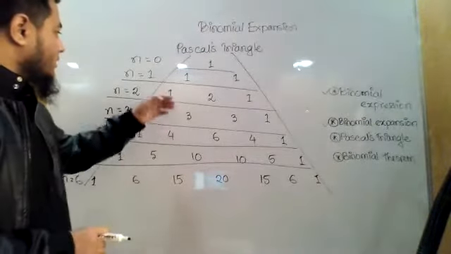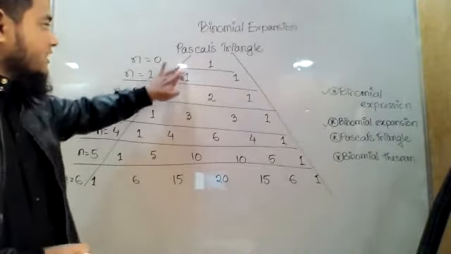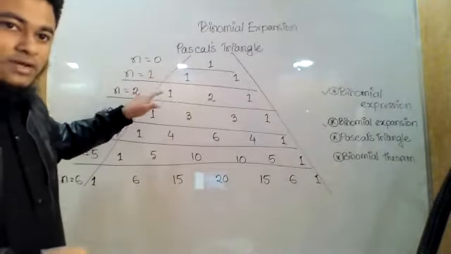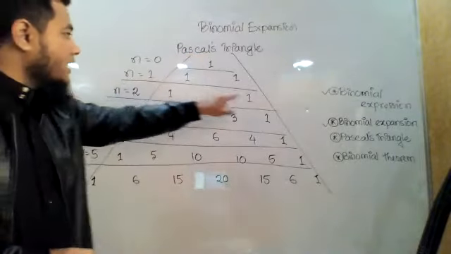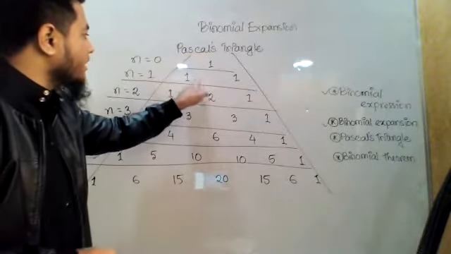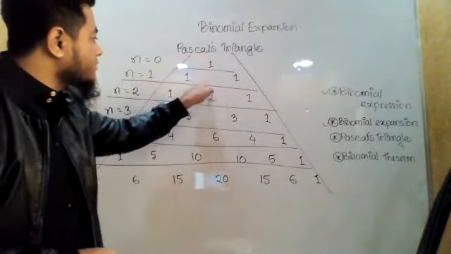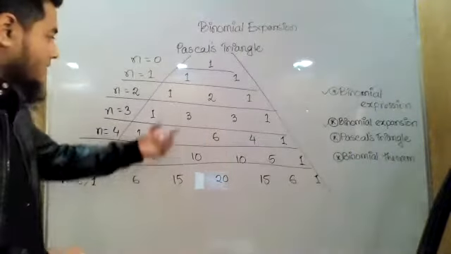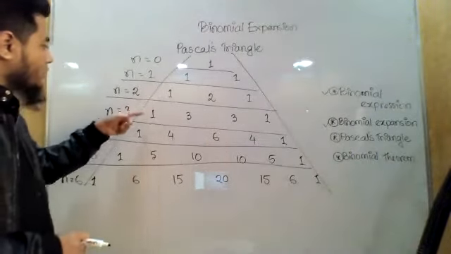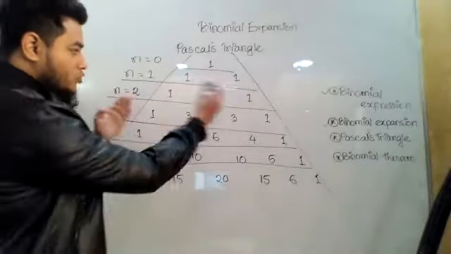How? Whenever you write the first and second lines, as we have already written, then for the third line, at the corners we write 1 and 1. The middle number becomes the summation of this 1 plus 1, which is 2, so it will be written in the middle. Then in the next line, you write 1 and 1 at the two ends.